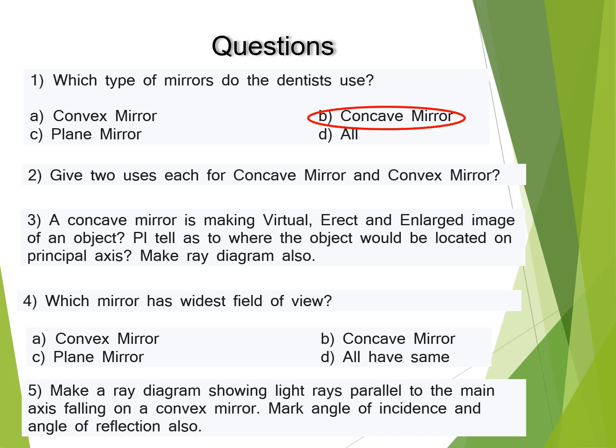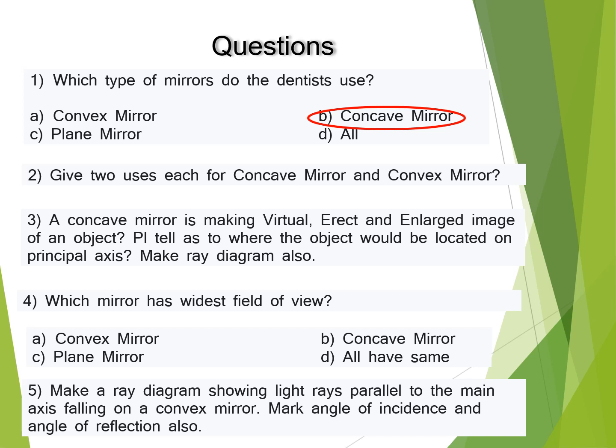As we said before also, the convex mirror always makes diminished image, and in the vehicle when we are driving, when we see our side mirror, we want to see the vehicle coming from behind. So if the bigger vehicle is coming, a diminished image becomes in the side mirror and we can know what is coming from the back. So this is one usage.